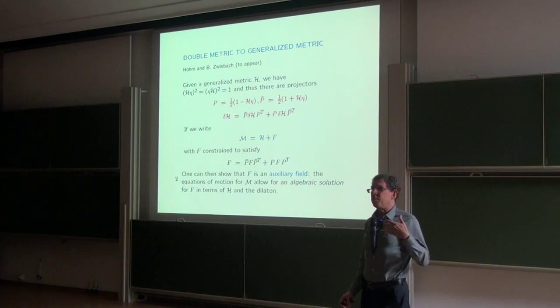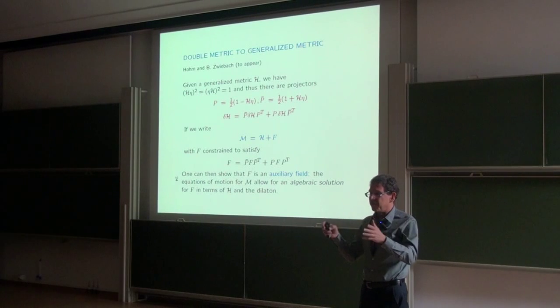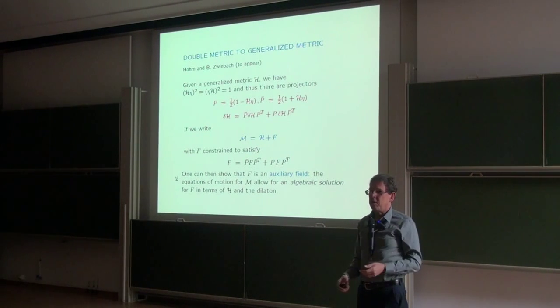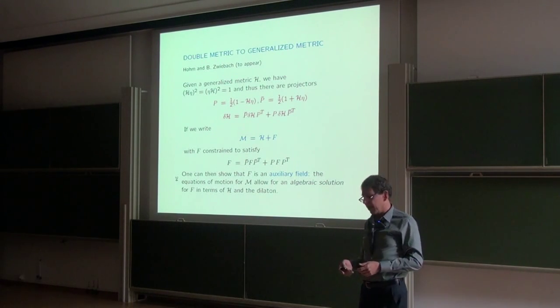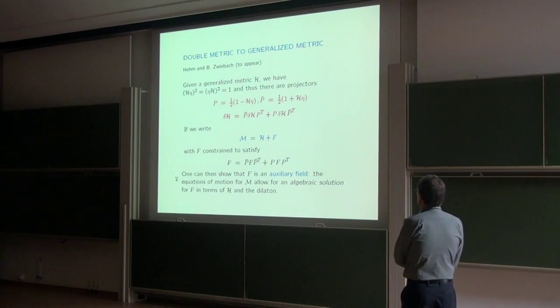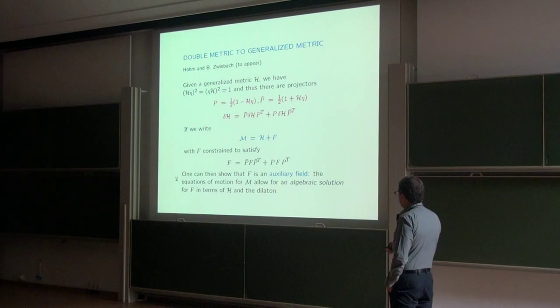Those degrees of freedom must be auxiliary. So the double metric encodes the metric, the B field, and lots of auxiliary fields. Somehow, presumably very important to simplify the theory. So given a generalized metric, I told you that it basically squares to 1.